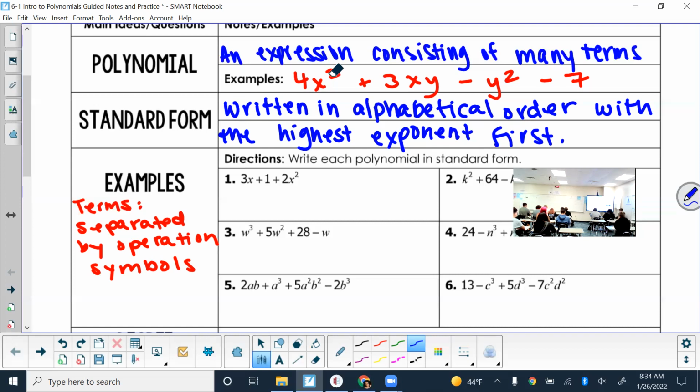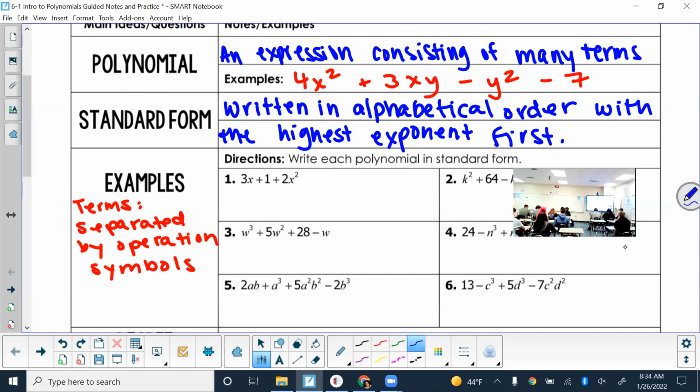So all the terms with x's are written first, and between the x's, 2 is a higher exponent than 1, so that's why this one's written first. All right, and then any terms with y's in them would go next, and then any constants would go last. So yes, y squared is a higher exponent than y to the first, but this one has an x in it, so that's why this one goes first. Make sense so far?